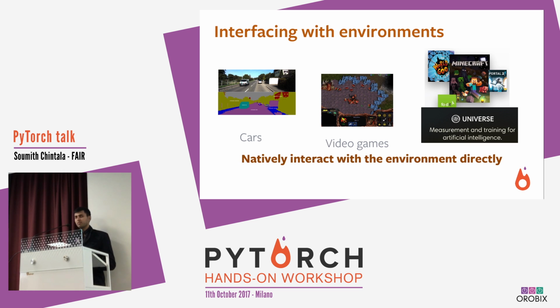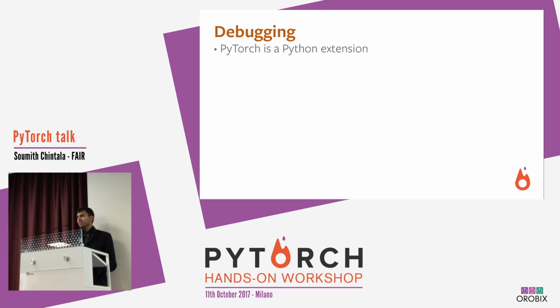Coming to debugging. Debugging is one of the other big nightmares when you're doing research. It's like, okay, my code is not working, what do I do? You add print statements, you use debuggers. Because PyTorch is just a Python extension, you can naturally debug it as you would debug any Python code.